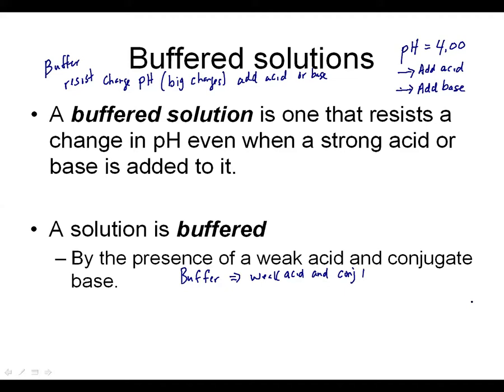Or you can make a buffer of a weak base and a conjugate acid, and again, it's sometimes referred to as the salt of its conjugate acid. And both of those things are in there to begin with.